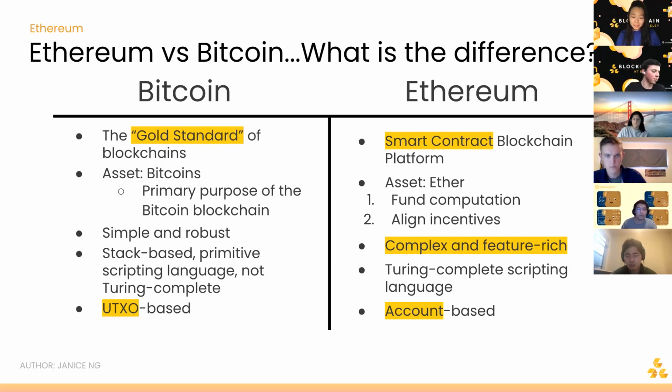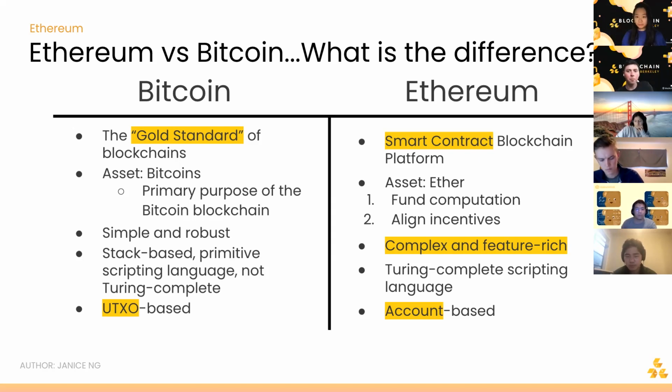It's simple and robust. It's UTXO based. If you don't remember, UTXO based is like the piggy bank analogy. Hopefully you remember that. It's also not Turing complete, meaning it can't have a loop. And the main purpose of Bitcoin is to allow transactions of Bitcoins, right?